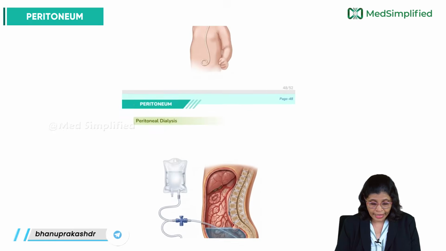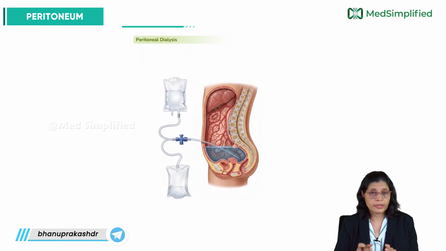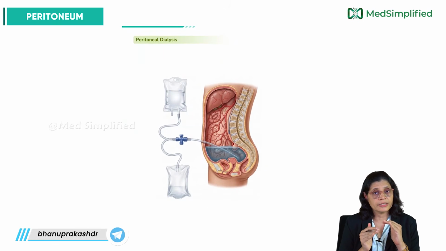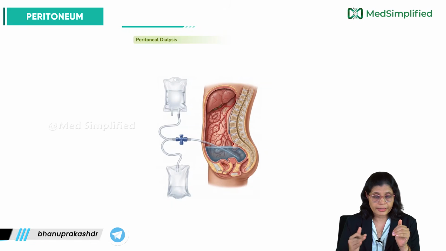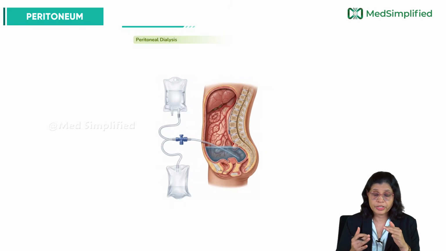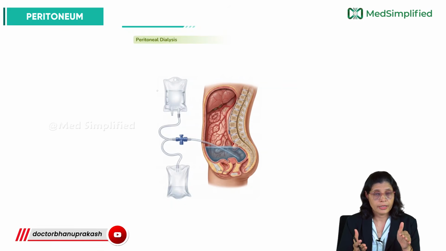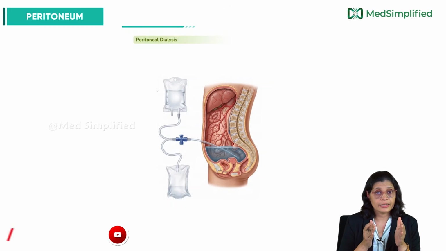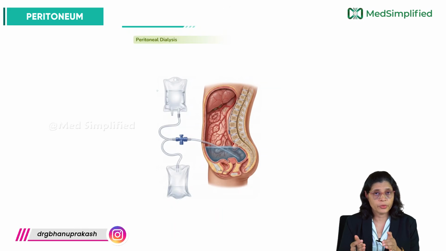In peritoneal dialysis, we know that the peritoneum is a semi-permeable membrane and it has an extensive surface area, which covers a large amount of blood vessels and lymphatics. So there is always an exchange of solutes between the blood and the peritoneal cavity. What we do here is, in chronic renal failure, a dialysate fluid is filled into the peritoneal cavity.